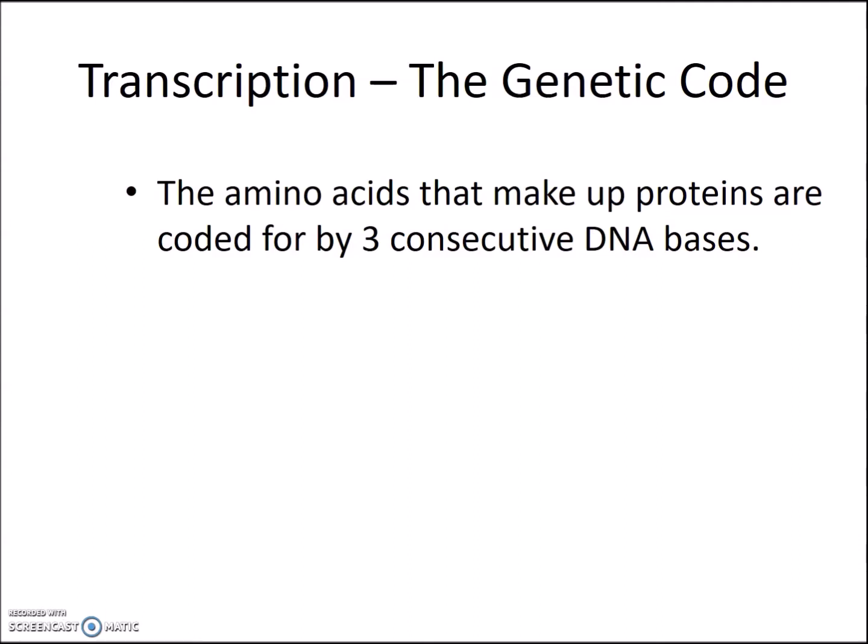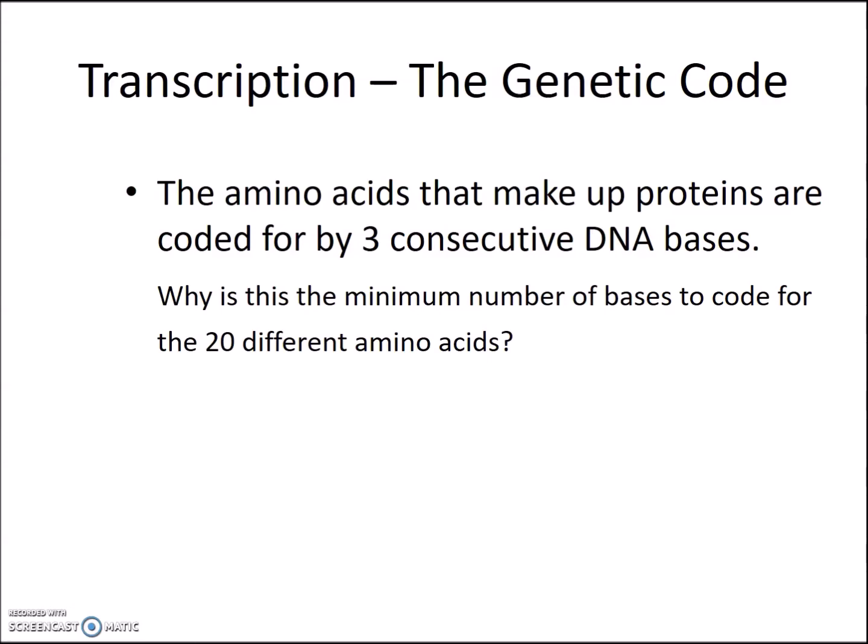If you have 3 positions in your code for signaling which amino acid gets brought to the ribosome, we can code for, well, let's see. Well, there are 20 different amino acids. This is a little statistics question, so if it's not your bag, that's quite all right.